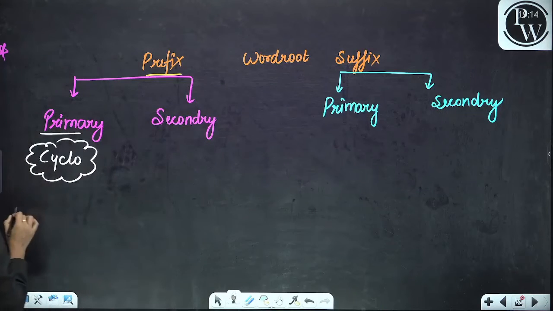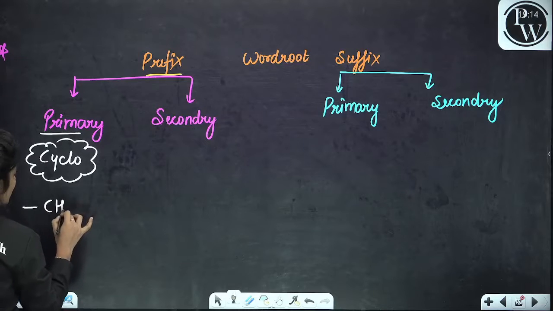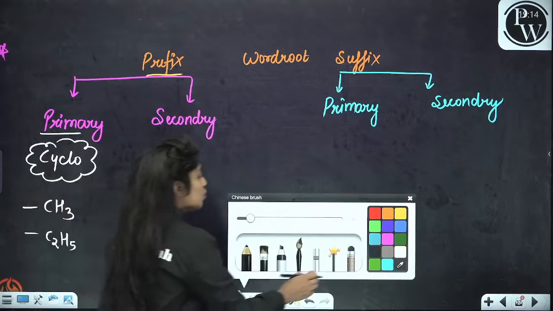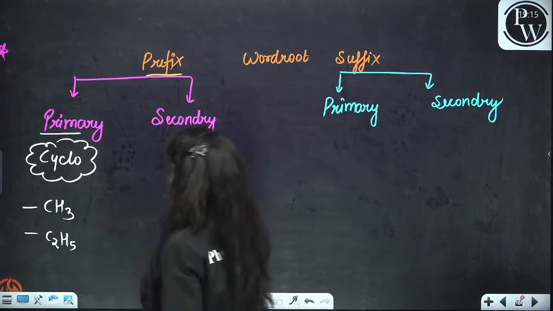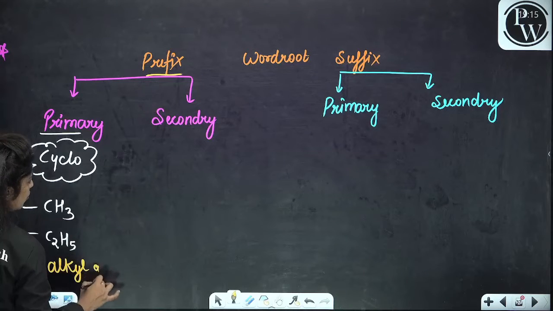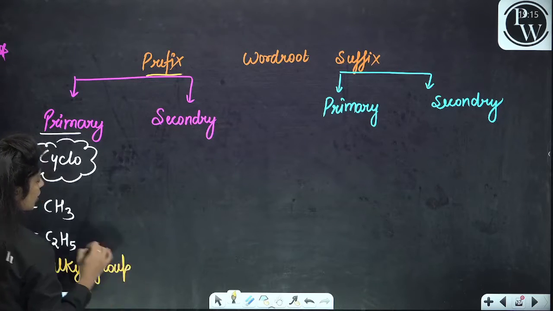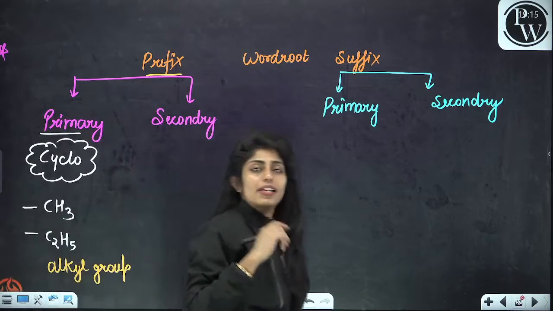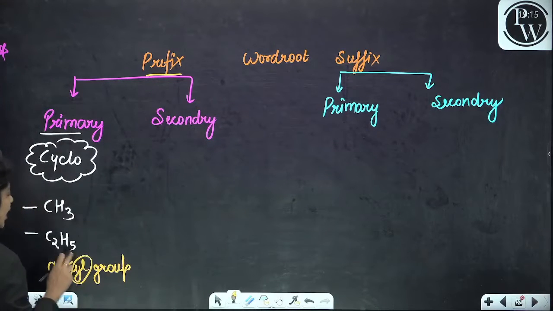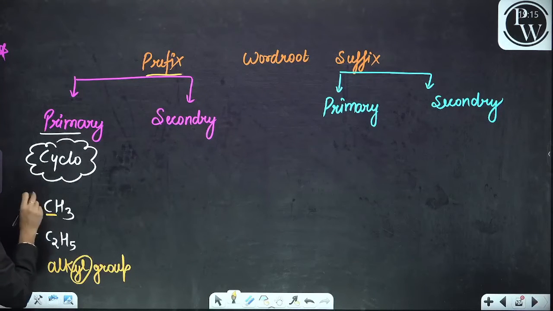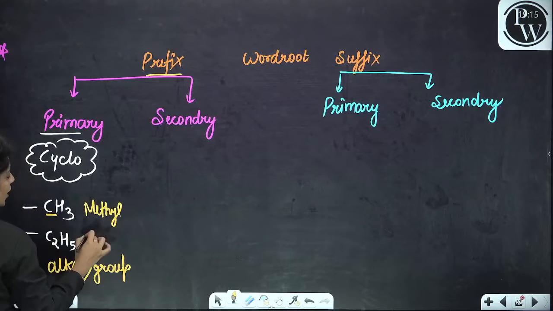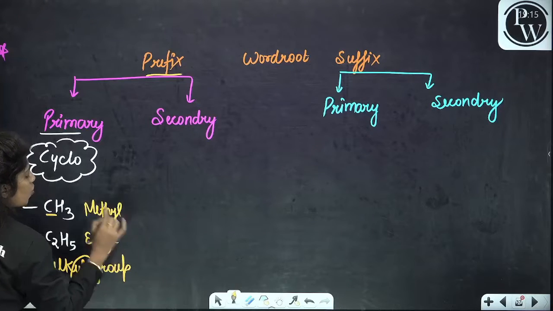Also, we have CH3, C2H5, etc. We call it an alkyl group. What do we call it? Alkyl group. When you name it alkyl, this "yl" is attached to the number of carbons. So if the number of carbons is 1, it will be methyl. If the number of carbons is 2, it will be ethyl, and so on.